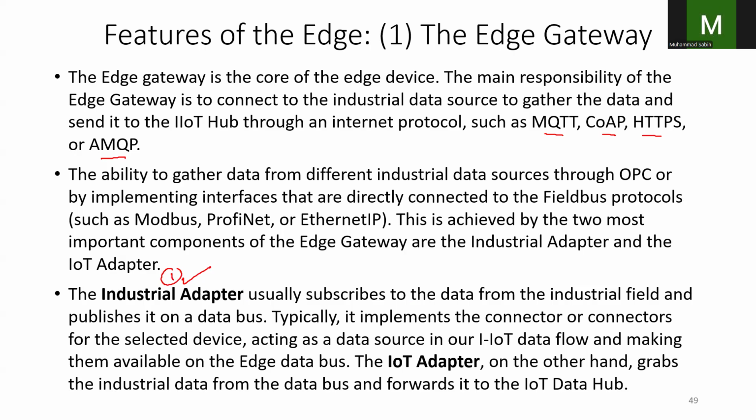The second is the IoT adapter, which takes this data from the data bus and sends it towards the cloud or the data hub using the internet protocol. So this modular design allows real-time data flow from sensors to the cloud analytics while maintaining flexibility and protocol independence. This is the main aim of the edge gateway.